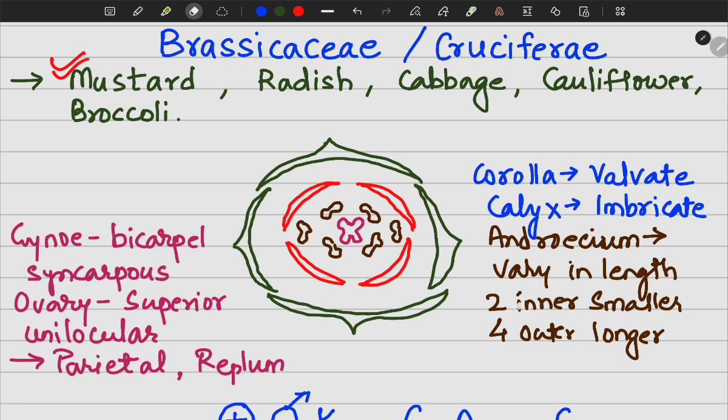The two stamens are short and outer, not inner and smaller. The two stamens which stay outside form an outer whorl, they are the short and outer stamens, these two.